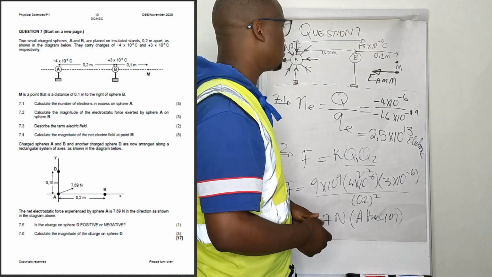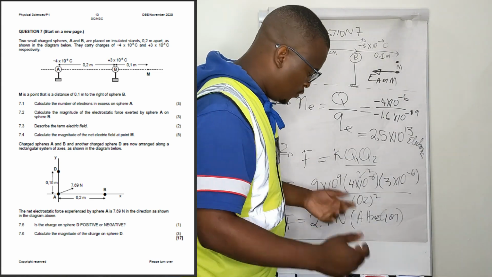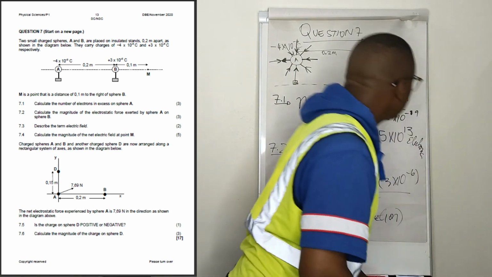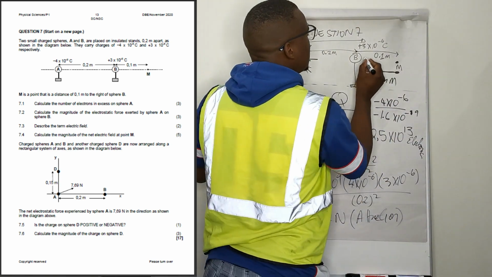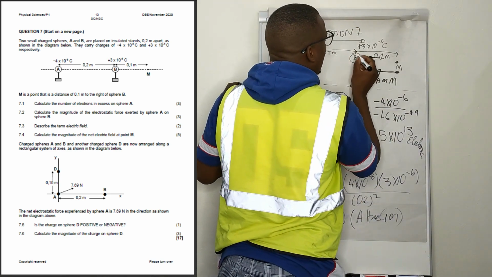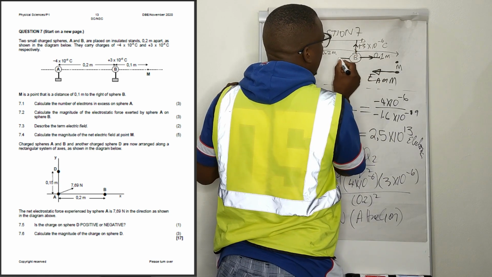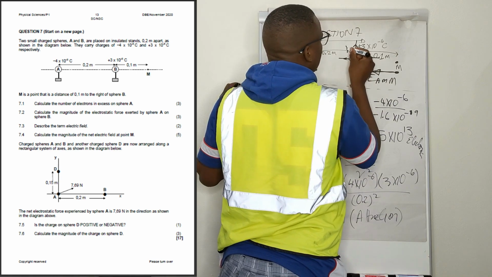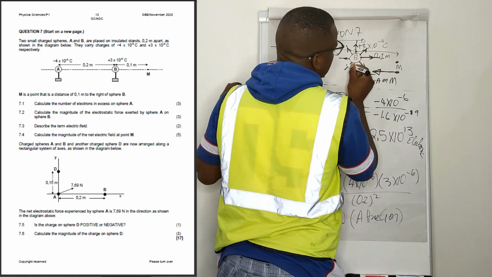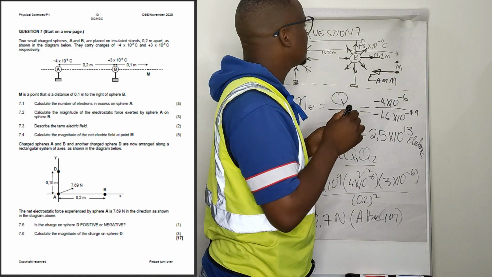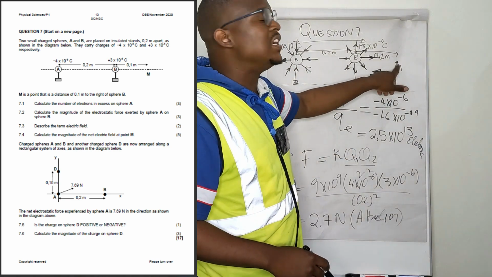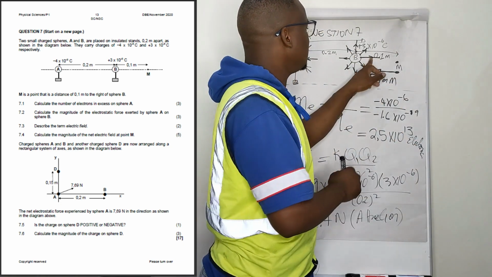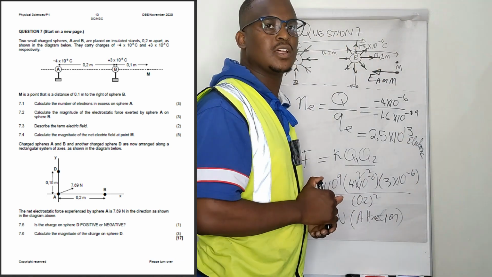So now we do a similar calculation for B. We look at B. B is positively charged, which means the electric field lines are going outwards, like this. So the electric field experienced by M as a result of B will be towards that direction, because you see these are pushing to that direction.